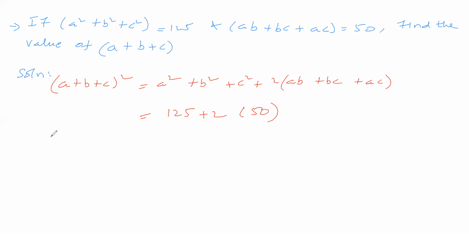So we get a plus b plus c whole square equal to 225. So a plus b plus c is equal to square root of 225, that is 15. That is plus or minus 15 we can say.